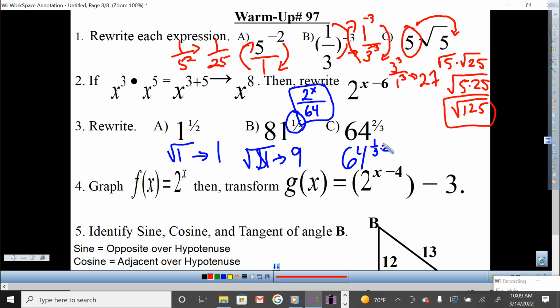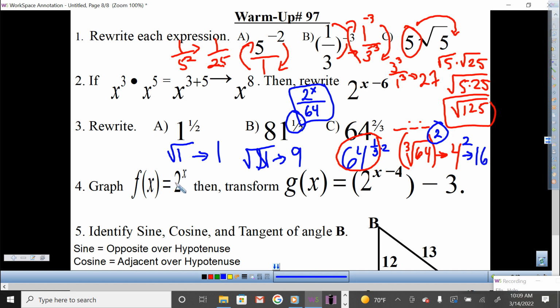Which means this right here is cube root of 64 to the 2nd power. So, Pablo, what number times itself 3 times gives us 64? 4, yeah. And then we have the square, which is here. That means 4 to the second is 16.